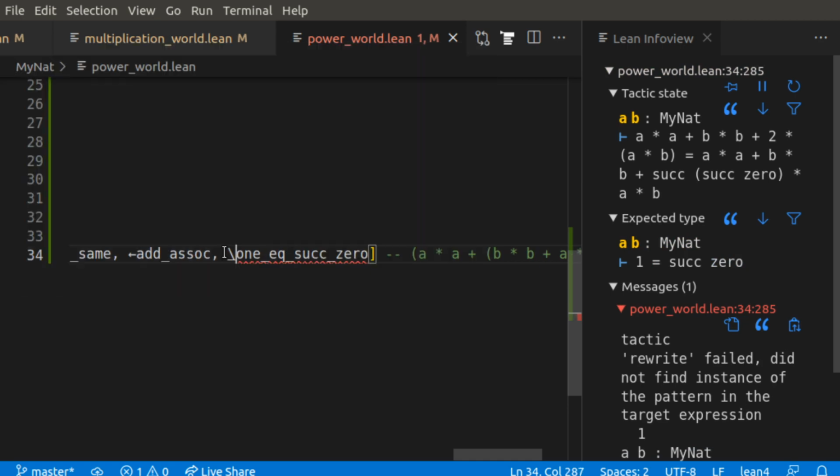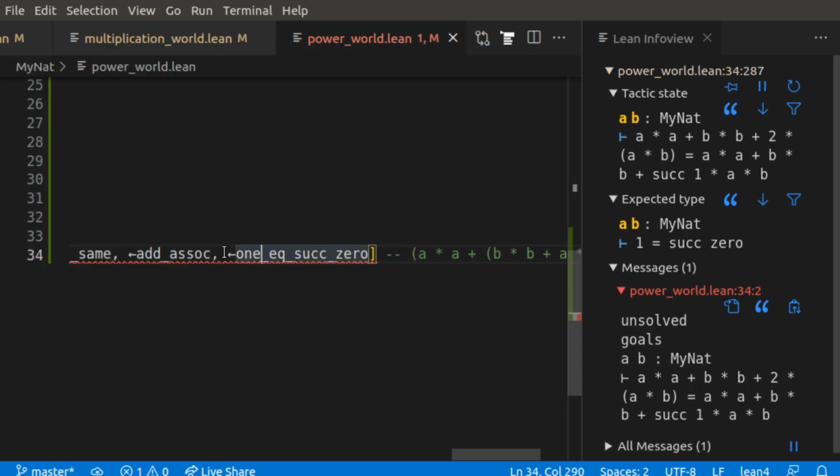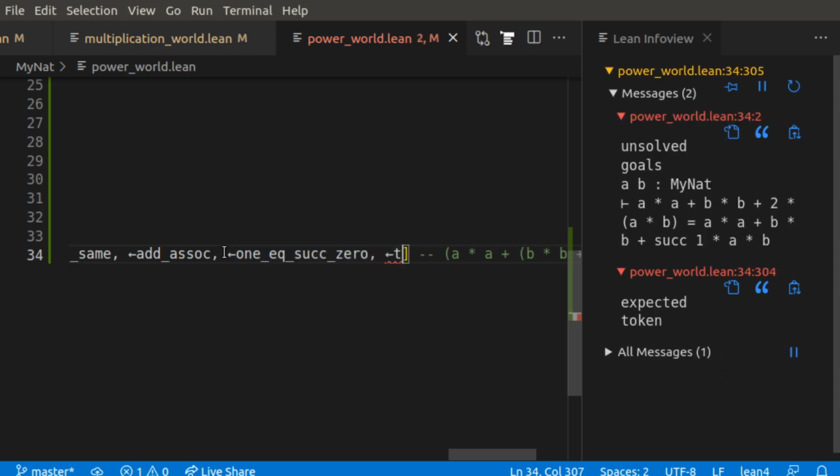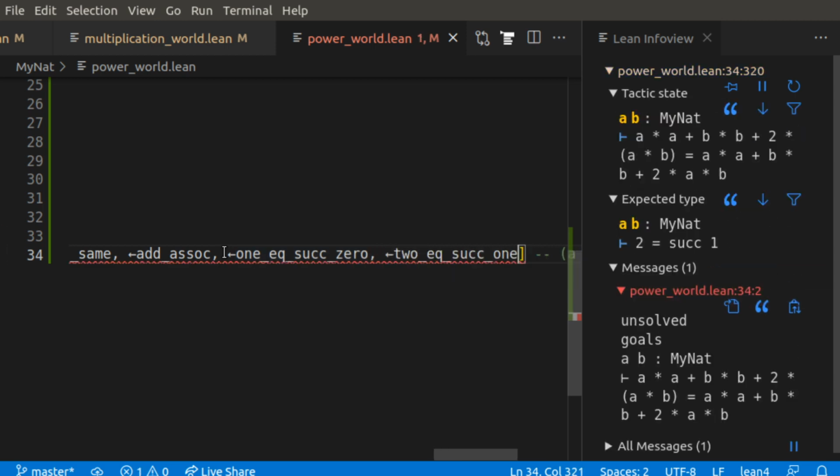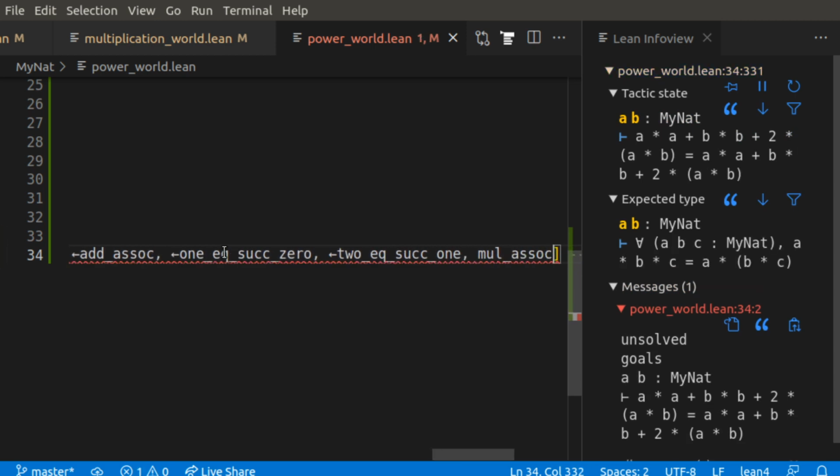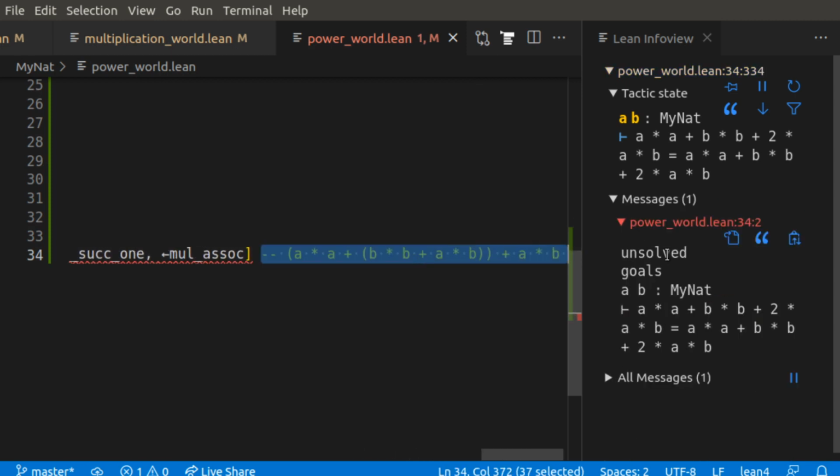Oh, in reverse. Two equals successor of one. One more mole associative. Let's do it the other way so it looks cleaner. Oh, and I think we're finally done.